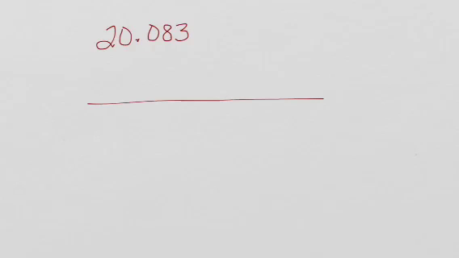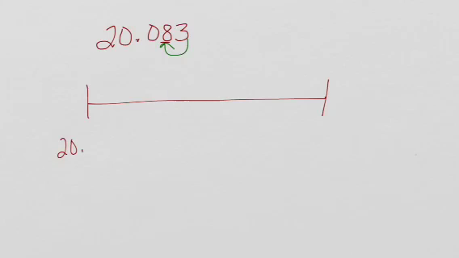All right, so another example, if I had 20 and 83 thousandths, and I was going to round to, say, the hundredths place. Let's look to the number behind it and think about how that number would affect that decimal.